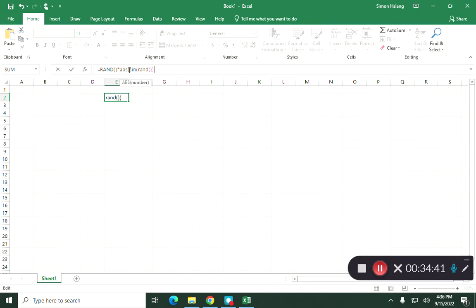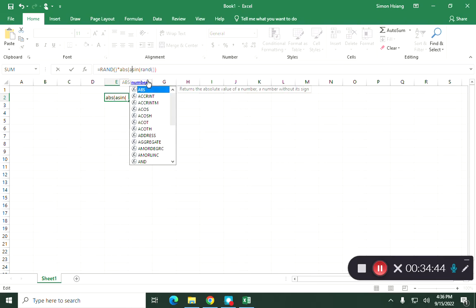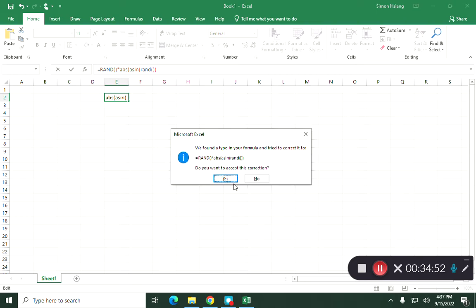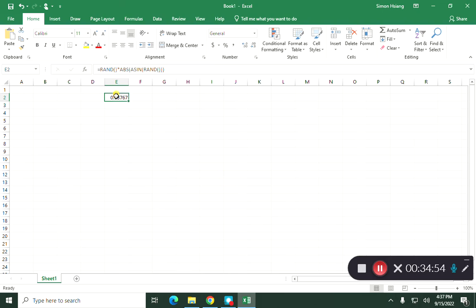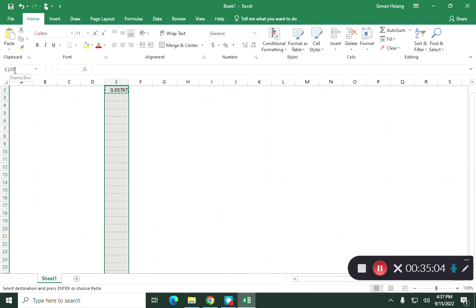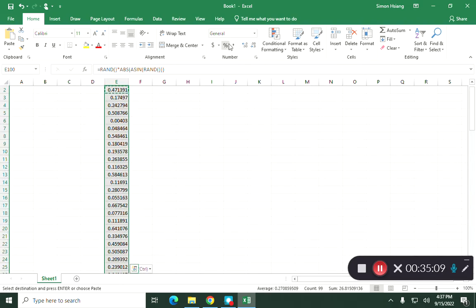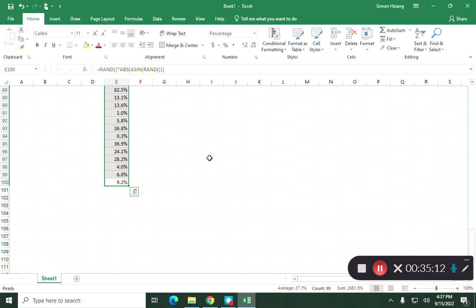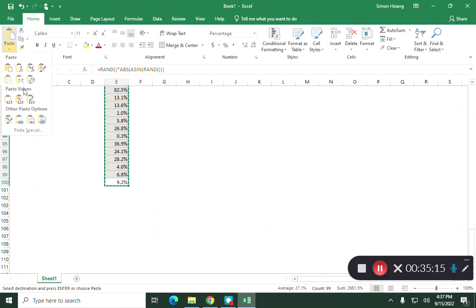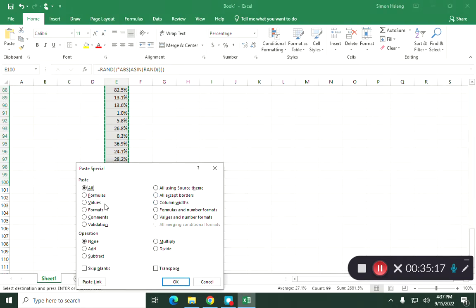It shouldn't be sine, should be an ox sign. E100. Okay. And let me have this as a percentage. Control C, paste special, values.